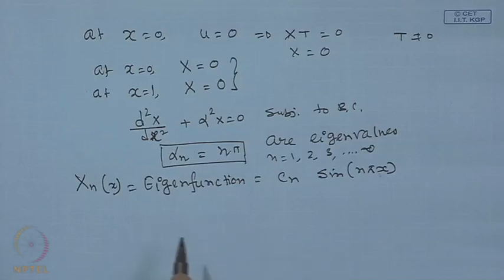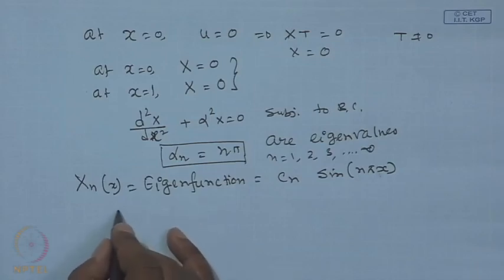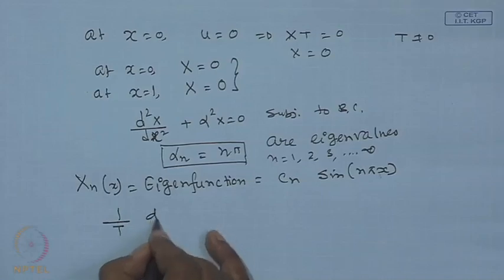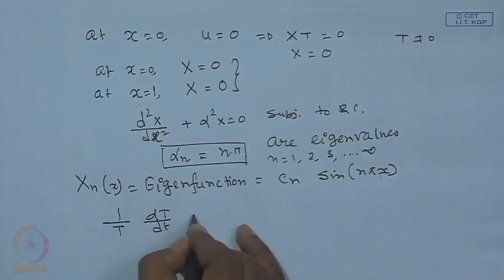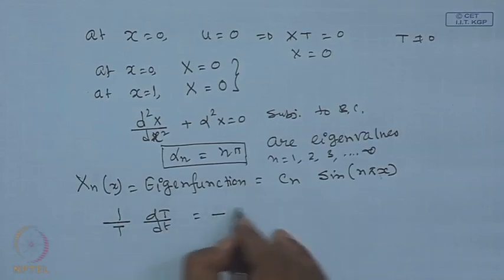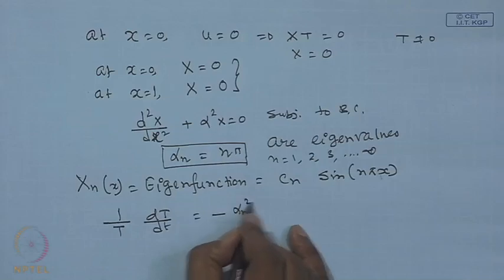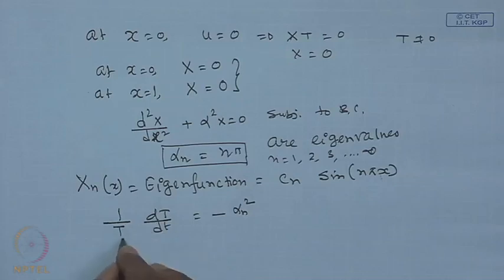Now, we can look into the time varying part. The time varying part is 1 over T dT dt is equal to minus alpha n square. Corresponding to alpha subscript n, we put a subscript n there for the solution of the time varying part.